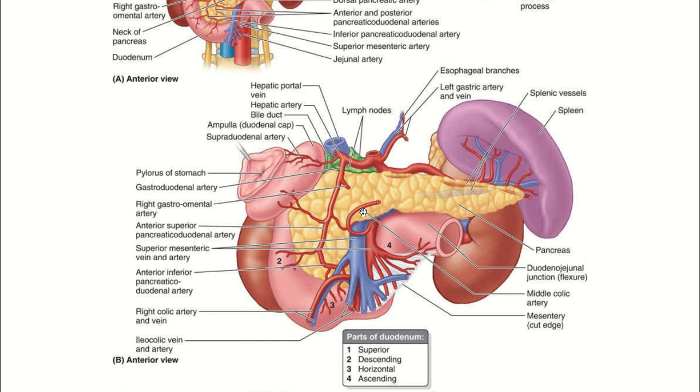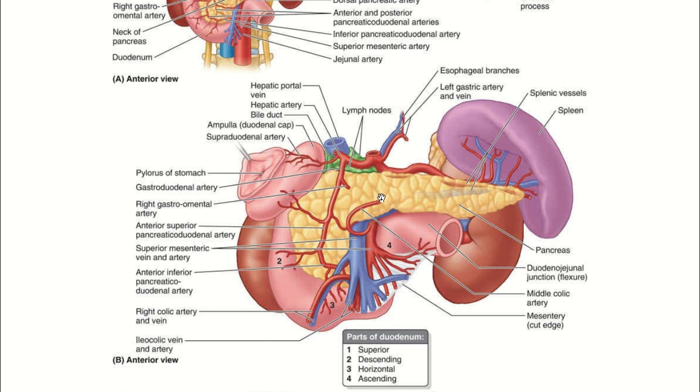Right. Good. As for sympathetic and parasympathetic, it's going to be innervated by the celiac plexus and the superior mesenteric plexus. So that's the innervation.